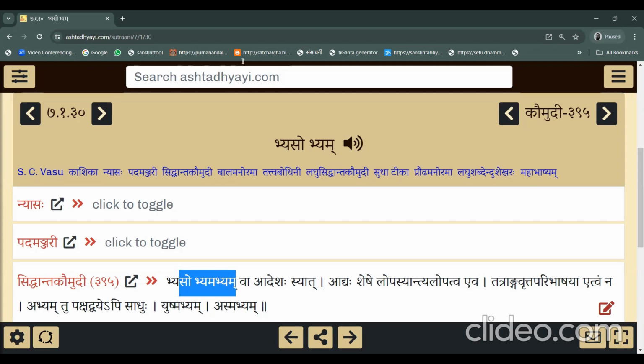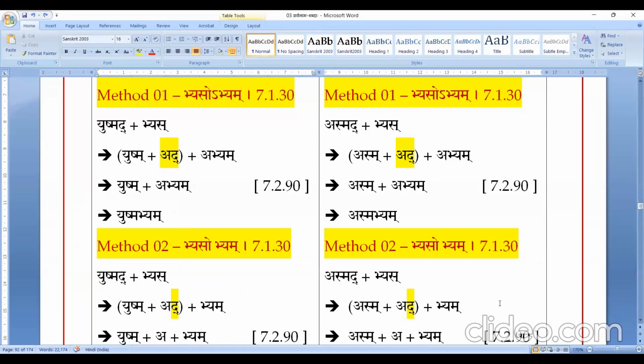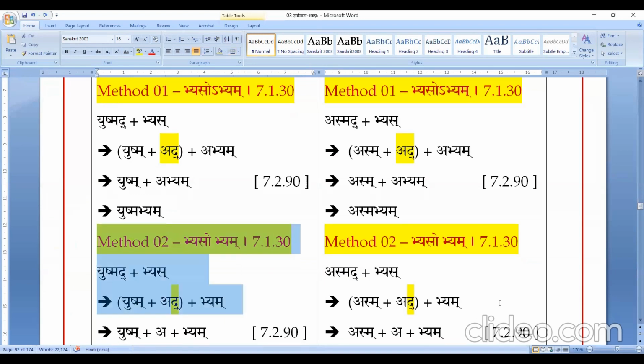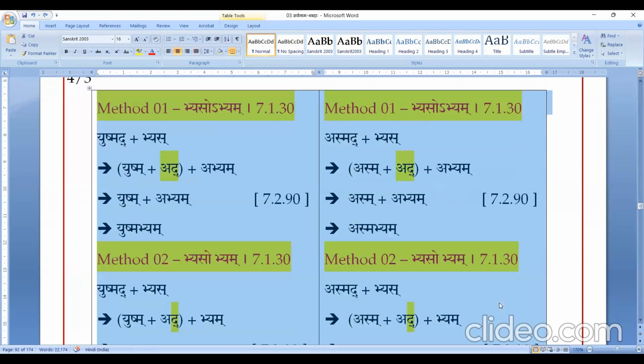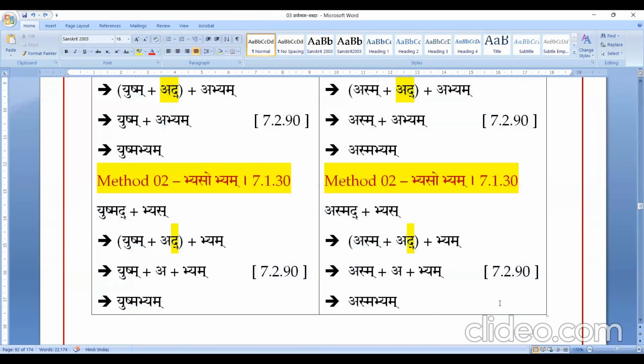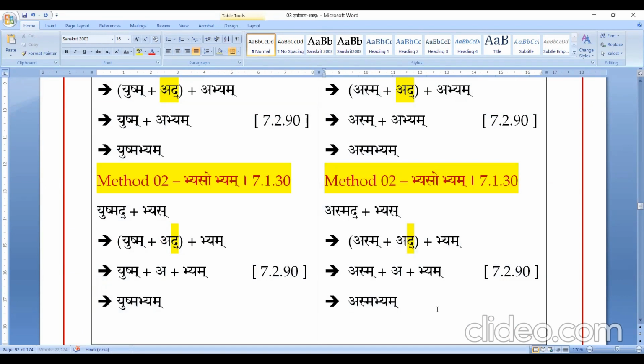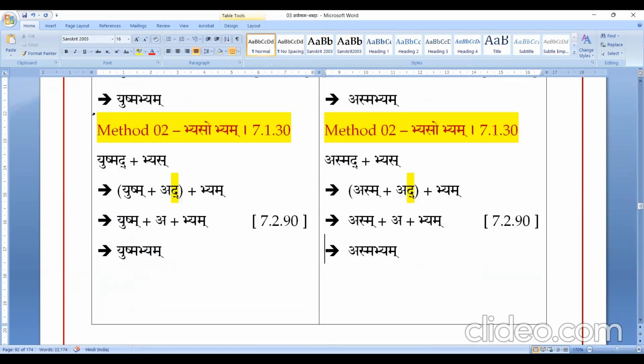Maybe I will write here. So here Vyasobhyam, method 1. Method 1, this is 2. Then the same method, method 2, Siddhanta Kaumudikara method.